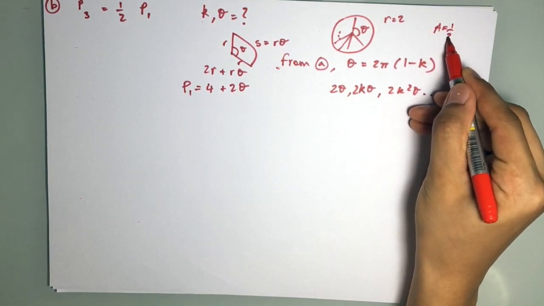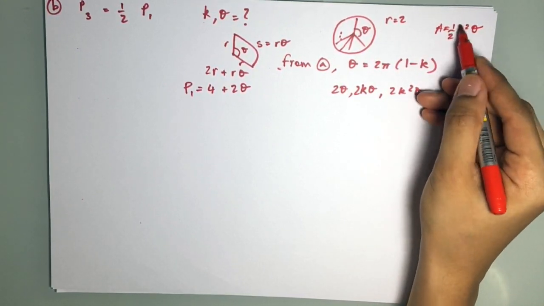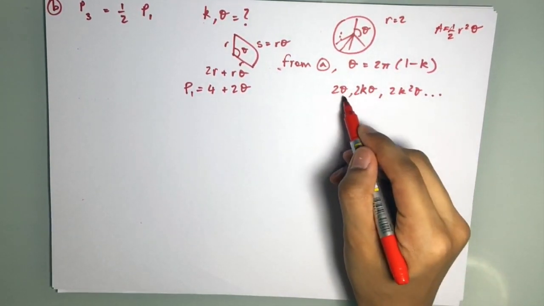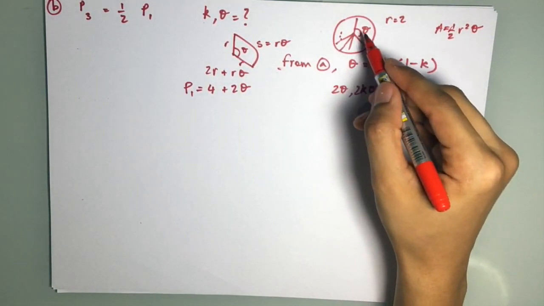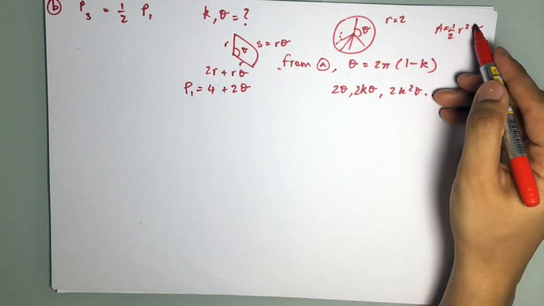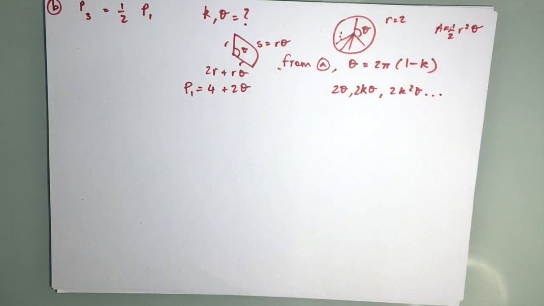Area is half r squared theta. And half r squared, this bit, is constant for all sectors because we aren't changing r. The only thing that changes is theta. And so k is also the common ratio for theta.